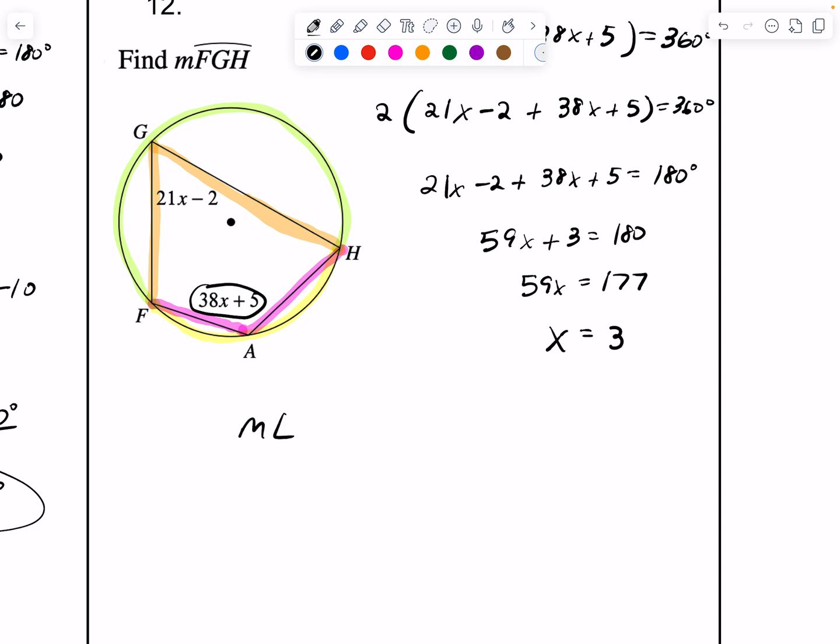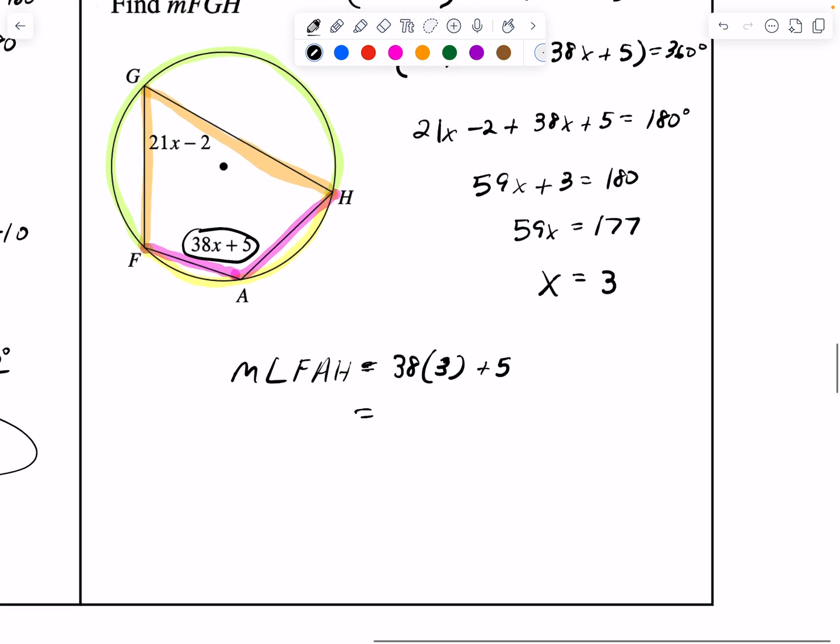So the measure of angle FAH is equal to 38 times 3 plus 5. Let's see, 40 times 3 would be 120, take away 6, so that's 114 plus 5, so that's 119 degrees for the measure of angle FAH.